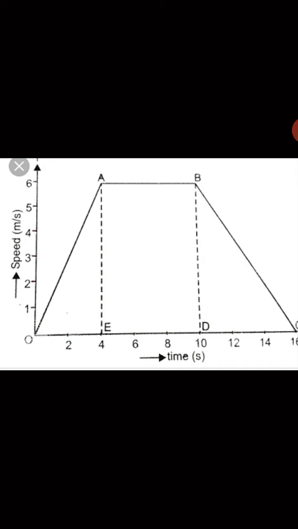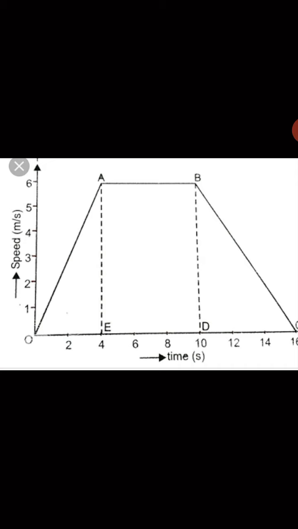From speed 6 meter per second, if we come down, the dotted line AE indicates the time 4 seconds. Also line BD has the same speed at point B, 6 meter per second.